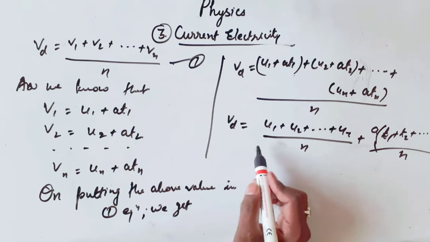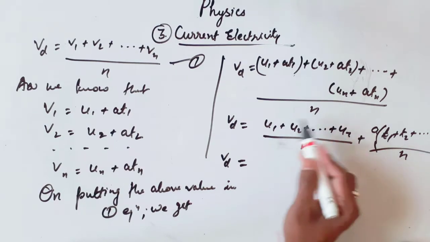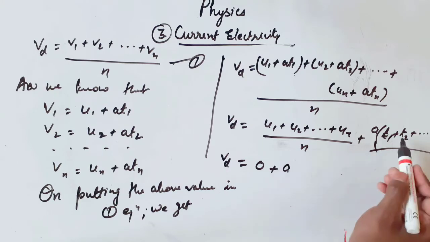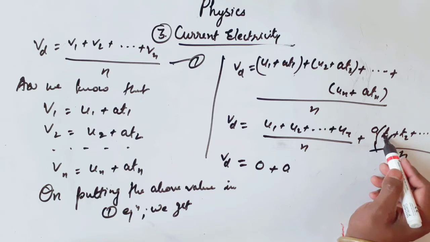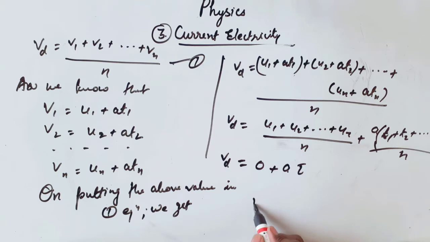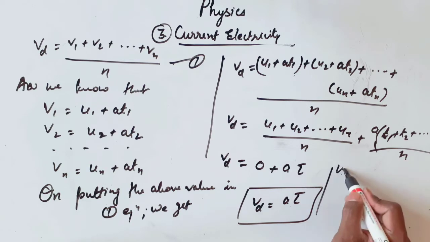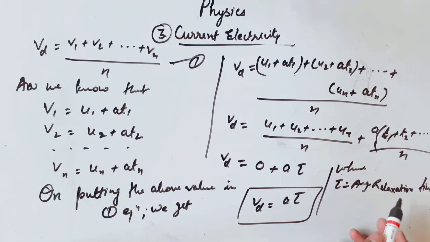As we know, the average value of thermal velocity is equal to 0, plus a, and this is called average relaxation time. It is the average value of time taken by each electron, so it is called average relaxation time. So Vd can be written as a tau. It is represented by tau, where tau is called average relaxation time.